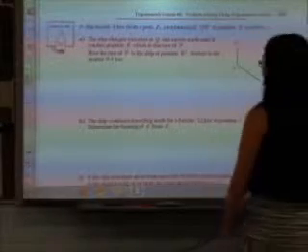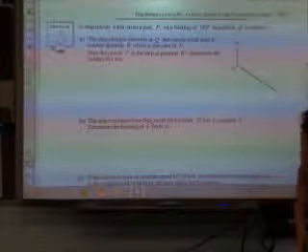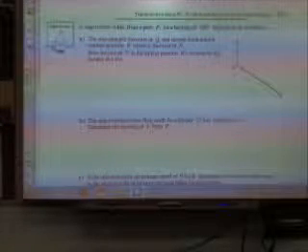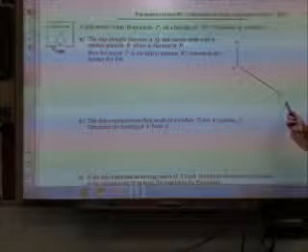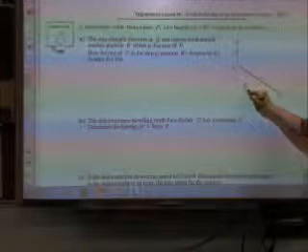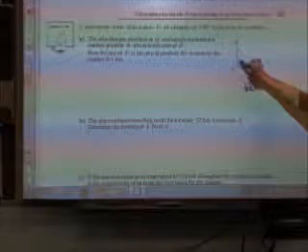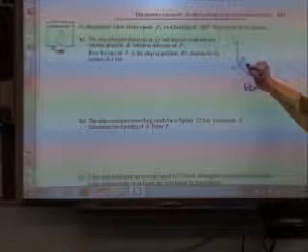A ship travels 6 kilometers from a port P on a bearing of 120 degrees to a position Q as shown. So port P to Q, how many kilometers? 6. And this bearing in here is 120 degrees.